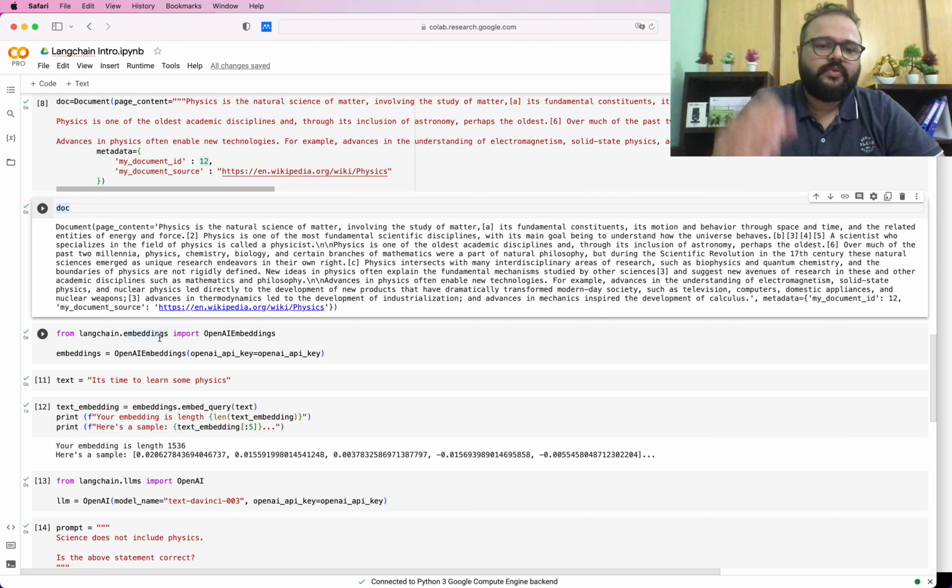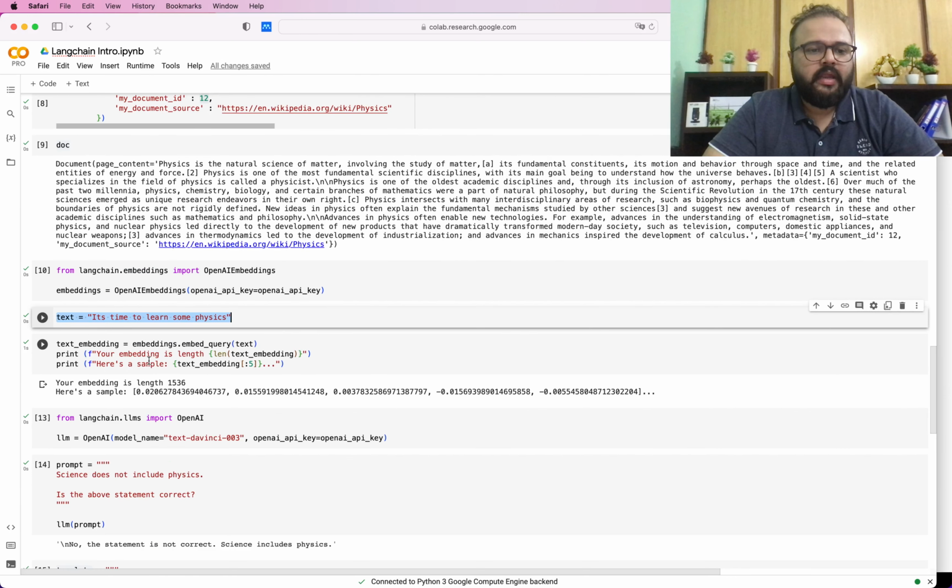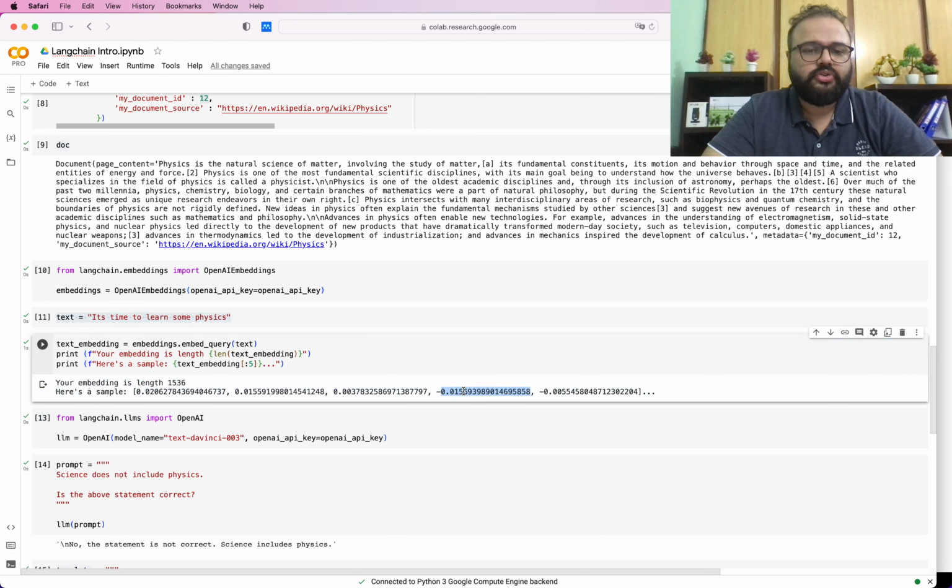Okay, so let's suppose we give it a sentence, "It's time to learn some physics," and then we can give it to embeddings and make embeddings out of it. Here is a sample of an embedding that has been made from our data. As you can see, these are all numbers, and each embedding represents a specific part of text.